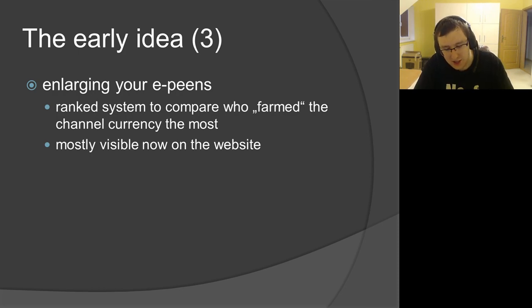But with this came the idea of how to see the ranks overall, and that's obviously via the website. You can just go to the website and search for whoever you want. You can also search not the full name, you can only write a piece of the name, and it filters out everyone who has the piece you wrote in their name.